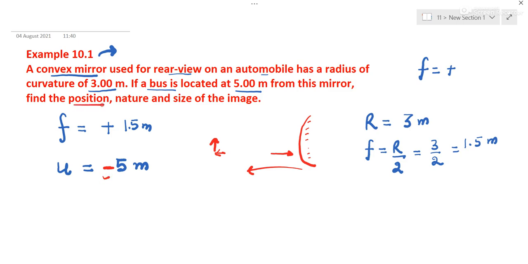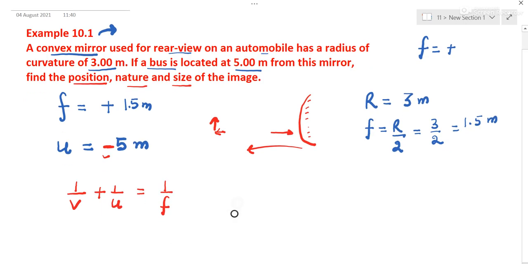We have to find the position, nature and size of the image. So we will make use of the mirror formula, which is 1 by v plus 1 by u is equal to 1 by focal length. V is the distance of image, u is the distance of object.